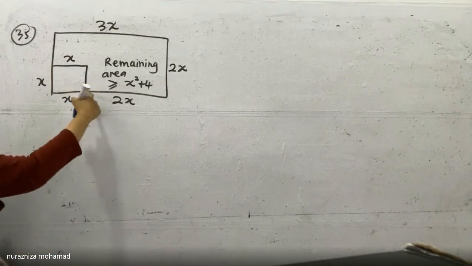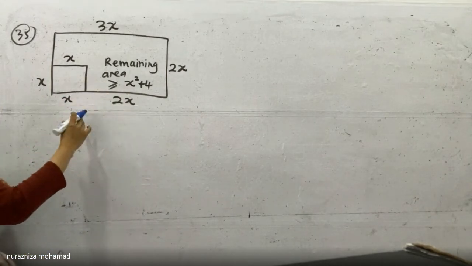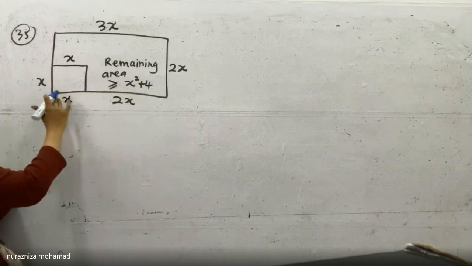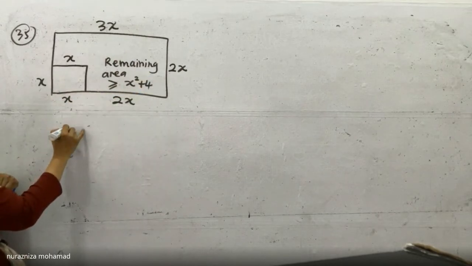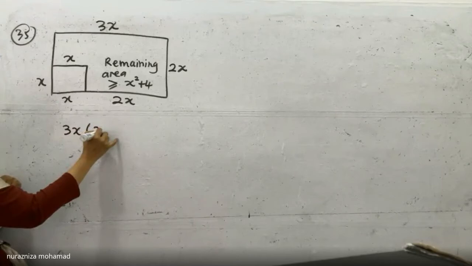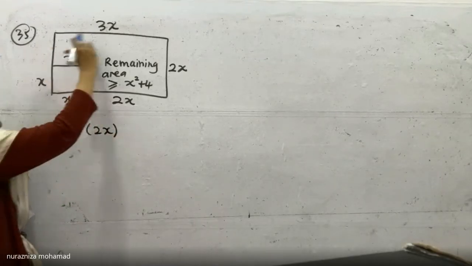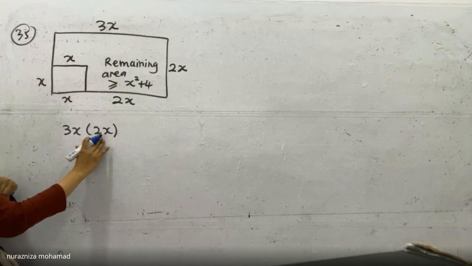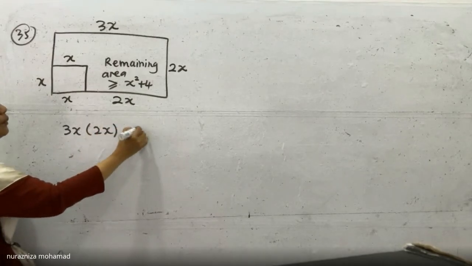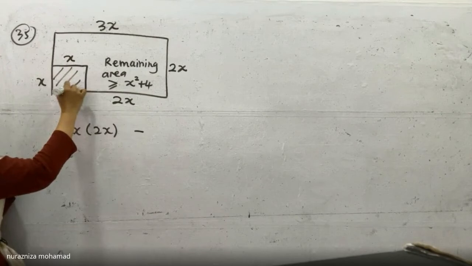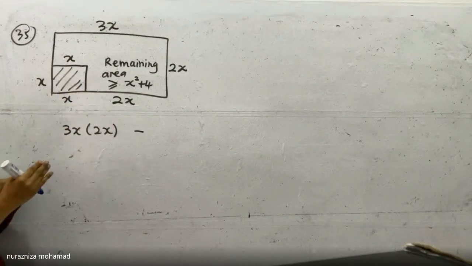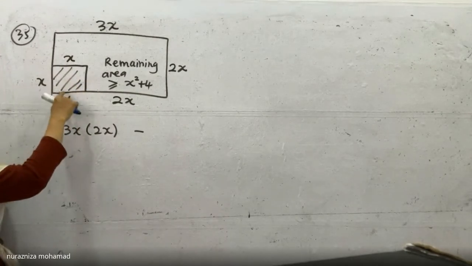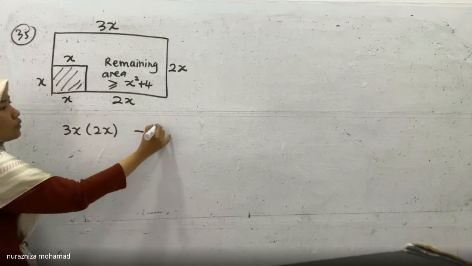So the remaining area, how to calculate the remaining area? So the area of the whole plywood is 3x times 2x meter. Okay, the length times width, 3x times 2x. That is the area of the whole plywood. We minus the area that we cut to make the table surface, which is x times x, which is x squared.